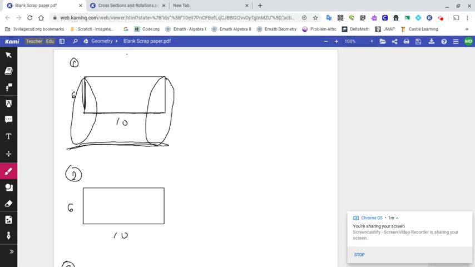It's going to have a radius of 6 and a height of 10. So the volume is going to be pi r squared h, that's the area of the base times the height, which is going to be pi. My radius was 6, so r squared is 36, times the height, which is 10. That's going to give me 360 pi for the volume. Remember, what I'm trying to find out is which one is 150 pi.